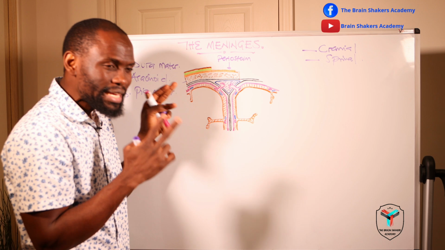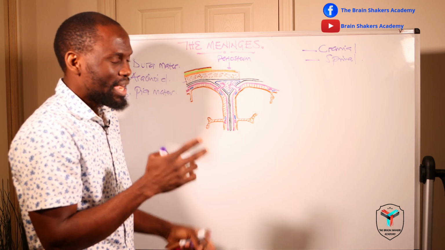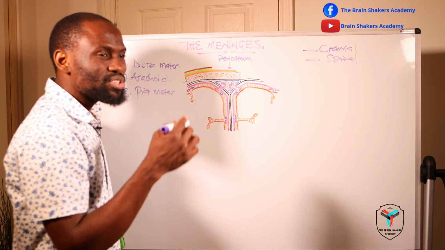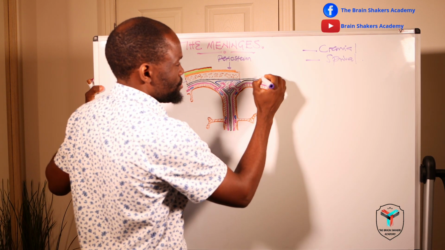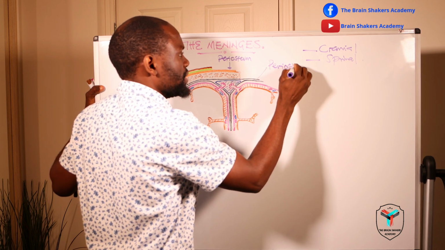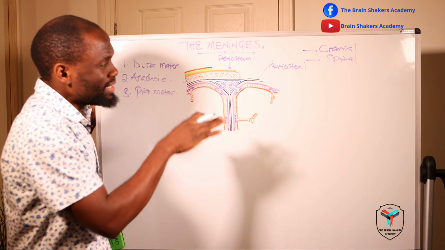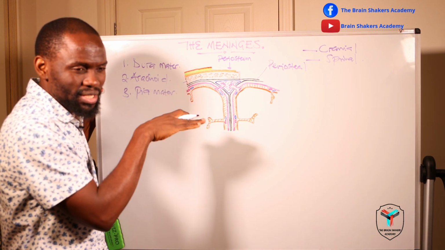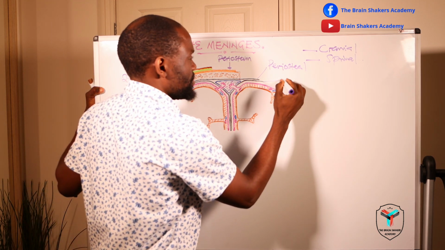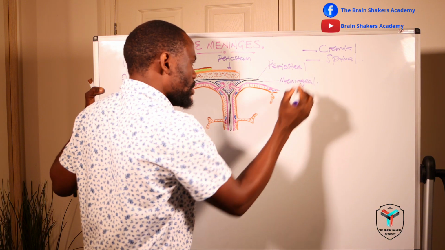So the dura mater in the cranial meninges has two main layers, and the topmost layer is what we are referring to as the periosteal layer, which will be the layer on top here. This is what we're going to be calling the periosteal layer. So it is a periosteal layer of the dura mater, and then the one that is beneath it is what we will be referring to as the meningeal layer. So this is the meningeal layer of the dura mater.